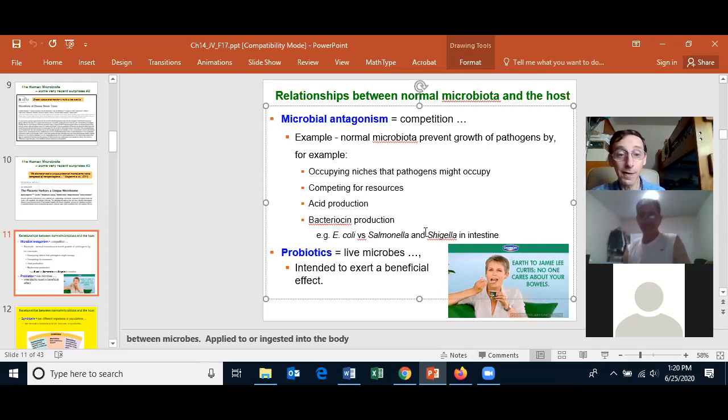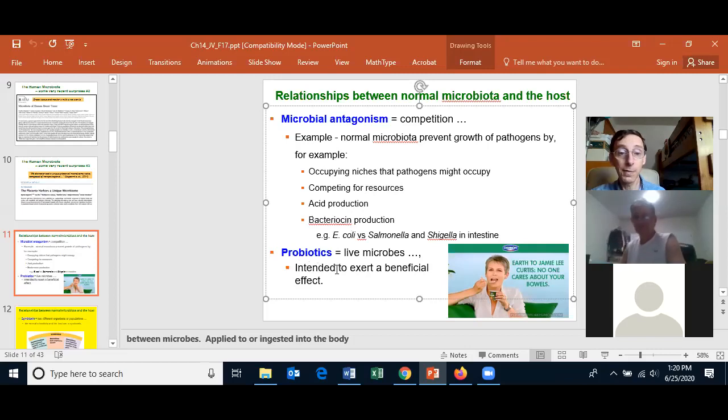It doesn't knock down that species, whereas an antibiotic would knock down all types of bacteria of a certain type. Like if you use an antibiotic that hits gram-negatives, it would hit all gram-negatives. A bacteriocin wouldn't.